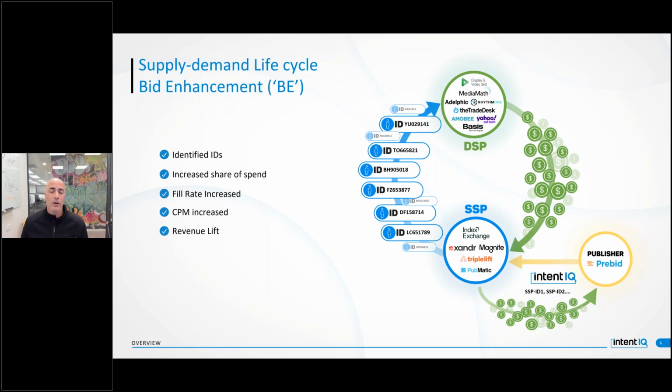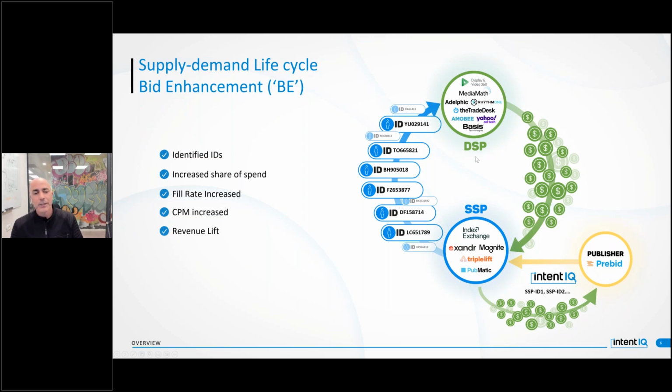We're talking about over 1 billion ads per day. Everything I'm showing here is based on real concrete data of what we're doing right now. So that was the problem, and this is how it could look when utilizing bid enhancement.